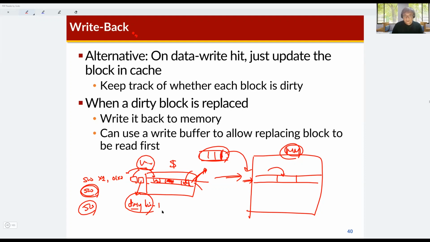If not, that means the cache line is not updated after this cache block was allocated to the cache, so the data of this cache block is identical to the data of the main memory. In this case, the dirty bit becomes 0. So this is the clean state. Okay. So when is the dirty bit 0?